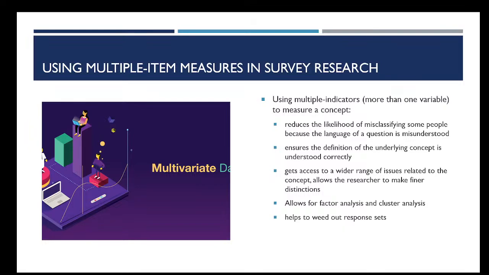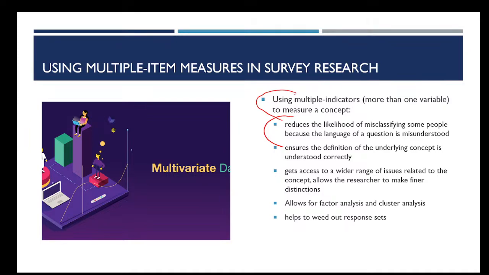Okay, so using multiple indicators, more than one variable to measure a concept. Yeah, I mean, it gives you more nuance, right? Less likelihood of misclassifying people because of the language of a question. You never quite know how people are going to interpret your questions. Level of English or whatever language you're working in, people's context, maybe they're half distracted while they're doing your survey.